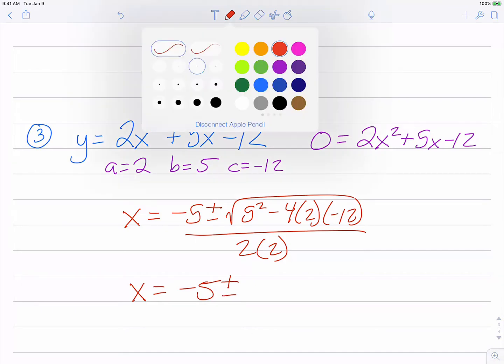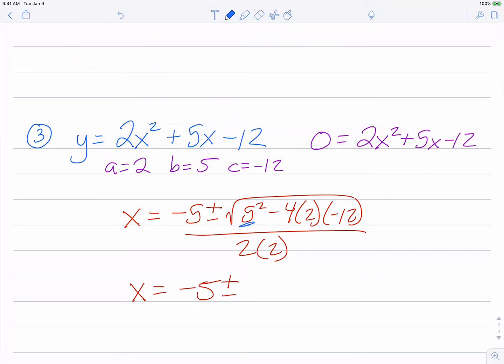I'm going to do a little bit of work from the inside. So 5 squared is 25, and 4 times 2 times 12 is 96. Since there's two negatives, you end up with plus 96. And 25 plus 96 is 121 over 4.